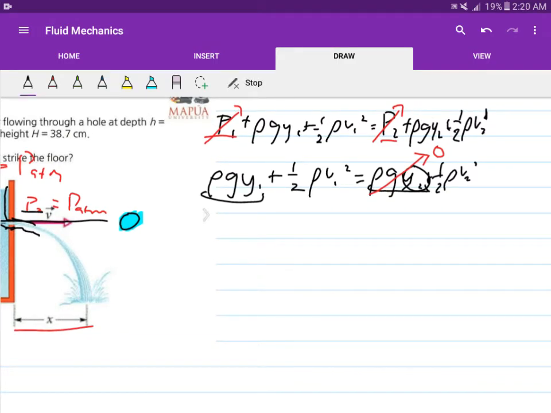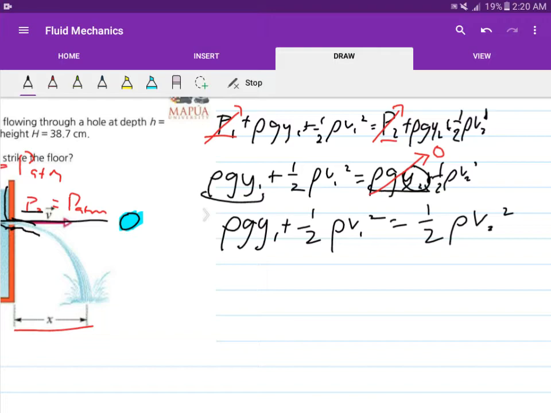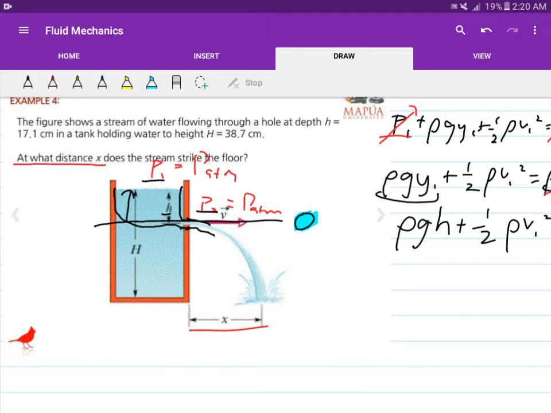So now we are left with rho gy1 plus 1/2 rho v1 squared equals 1/2 rho v2 squared. Now I will also replace y1 to be h, since that is the height at which this fluid is rested.